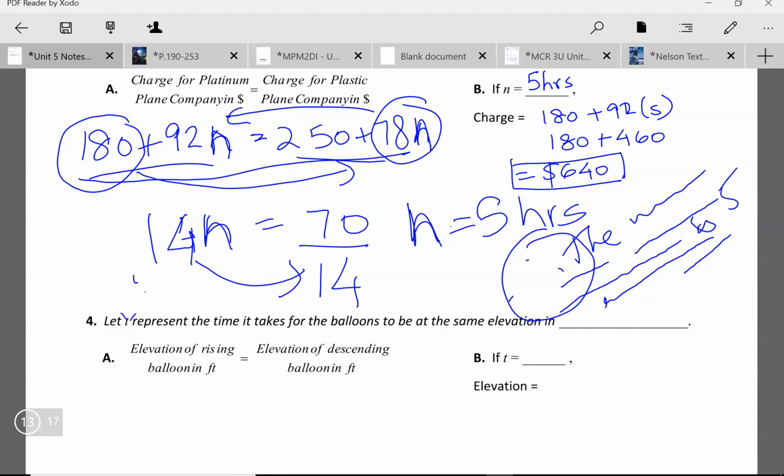Let me check what this answer is. Oh, in minutes. Okay, that makes sense because it's important to make note of the units.